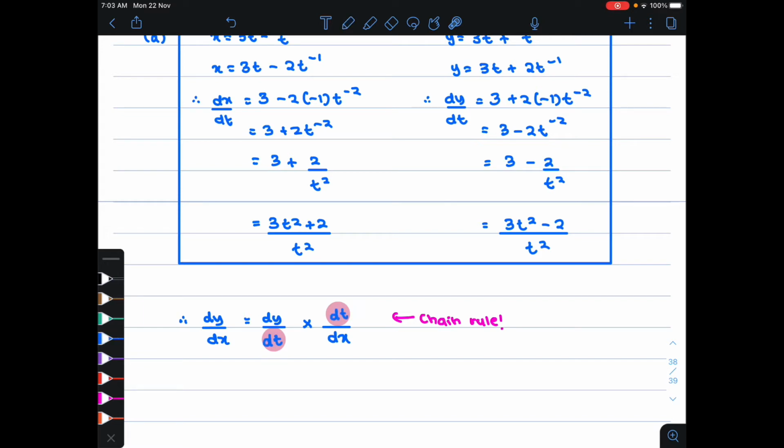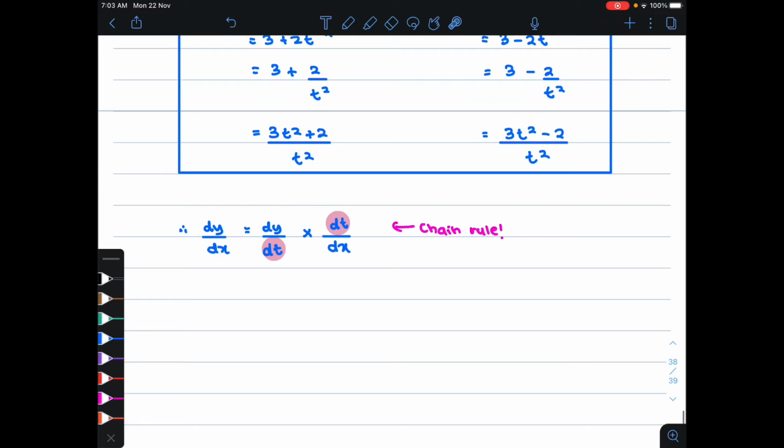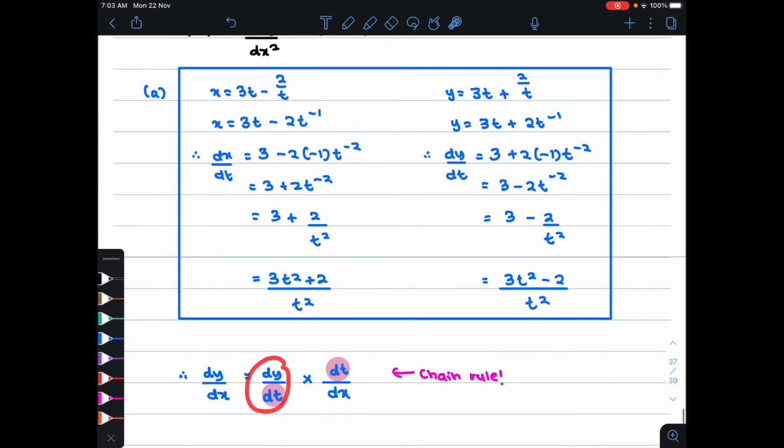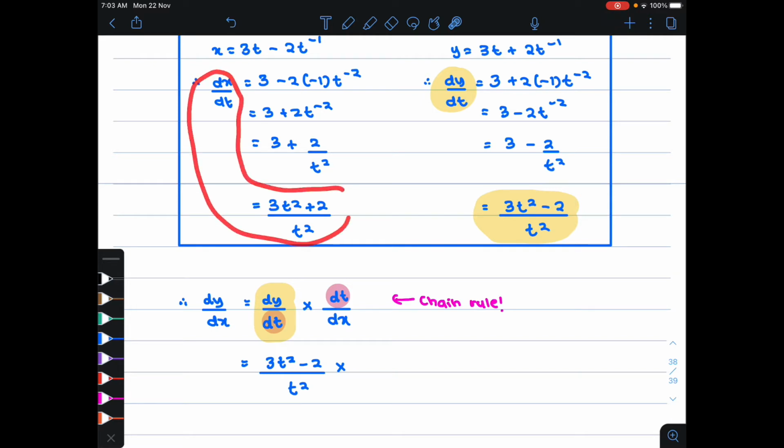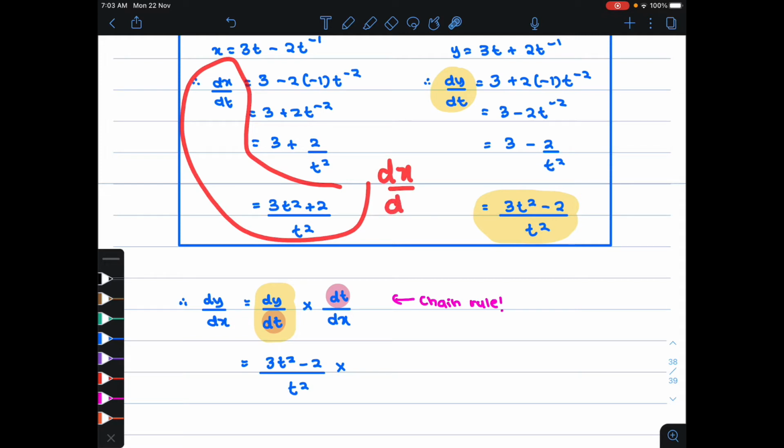So now let's substitute dy/dt and dt/dx. dy/dt is 3t squared minus 2 over t squared. And next we need dt/dx. But if we look at our dx/dt, this is dx/dt, but we need dt/dx.